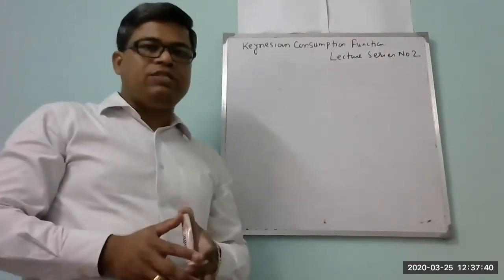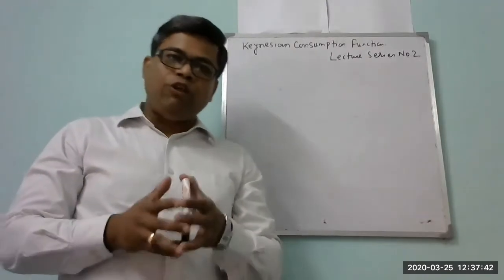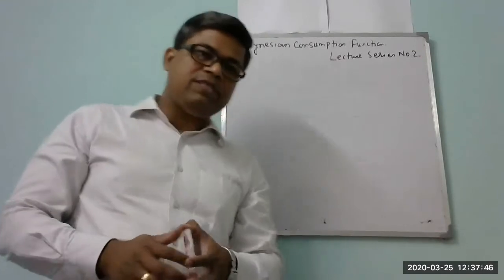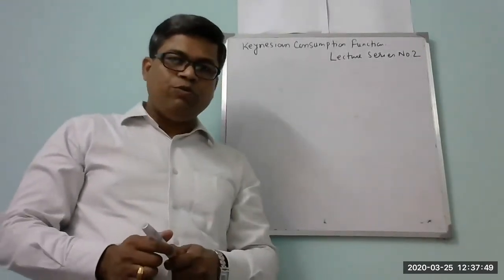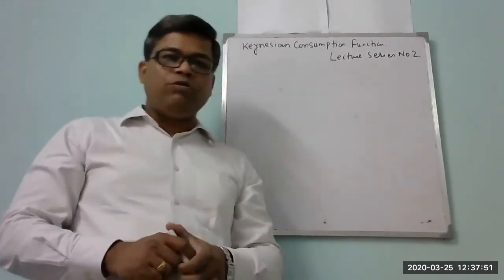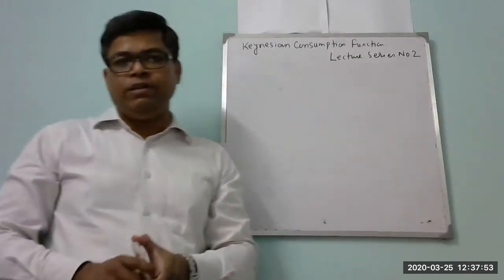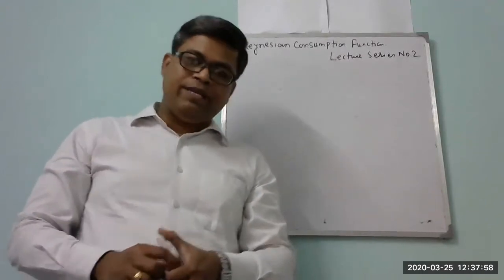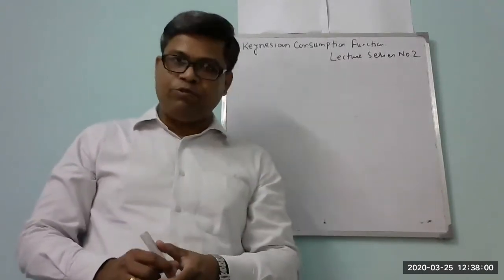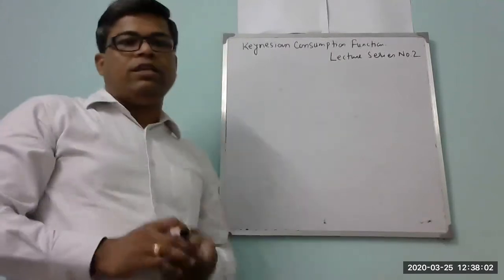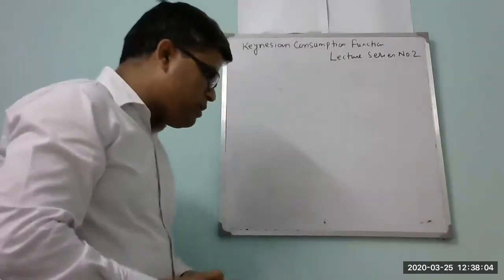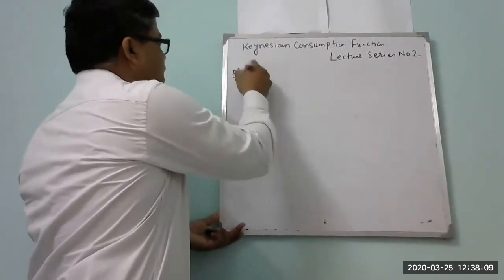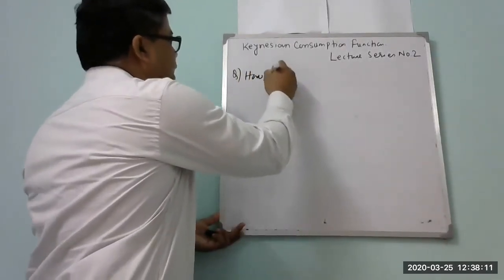In my first lecture series, I talked about the Keynesian consumption function, and in this lecture series number 2, we shall discuss how the national income equilibrium is determined by using the aggregate demand and aggregate supply approach.